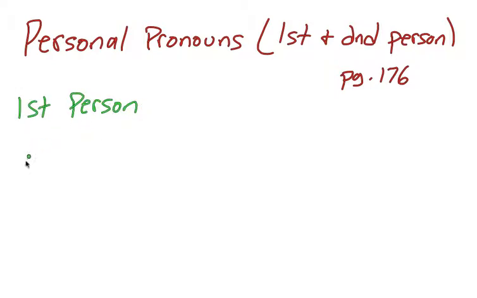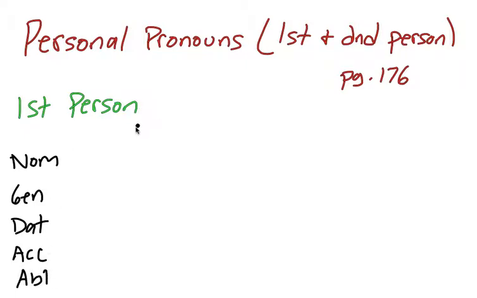Okay, in order to do this, I'm going to set up a declension chart with all 5 cases: nominative, genitive, dative, accusative, and ablative. And I'm going to have a singular and a plural. So the singular goes like this.